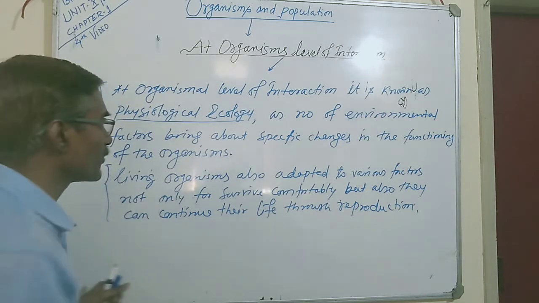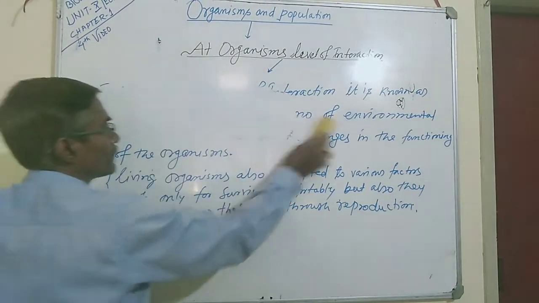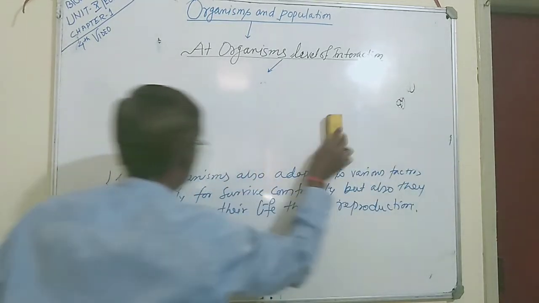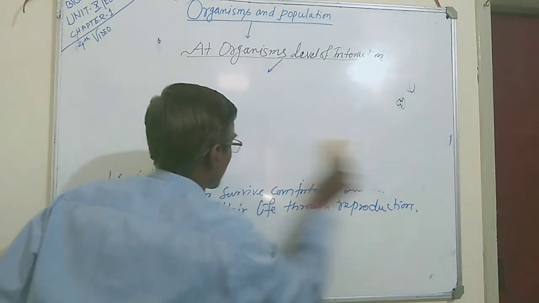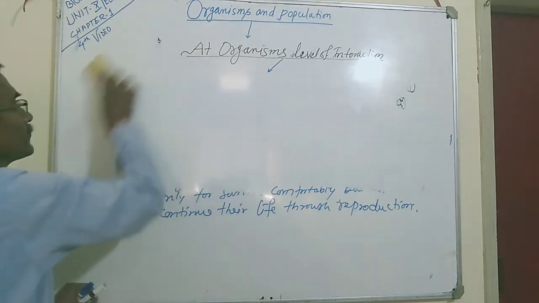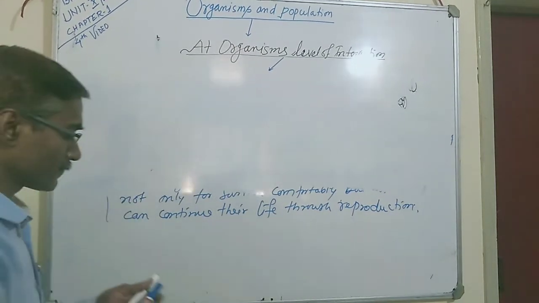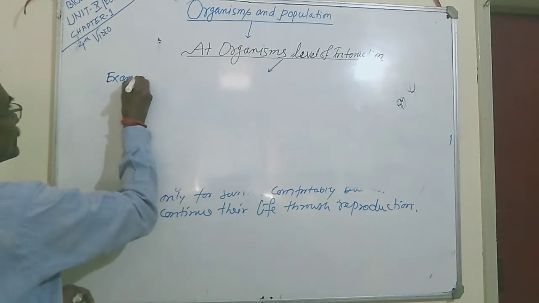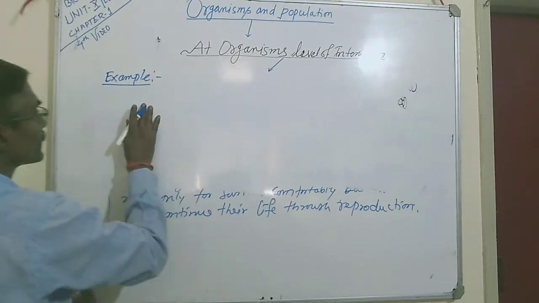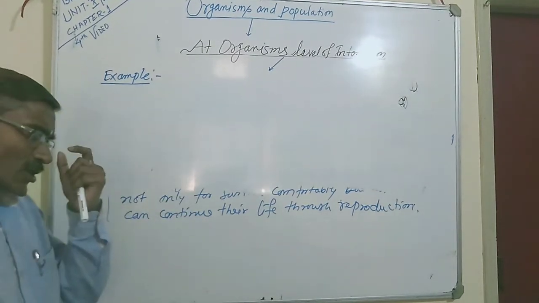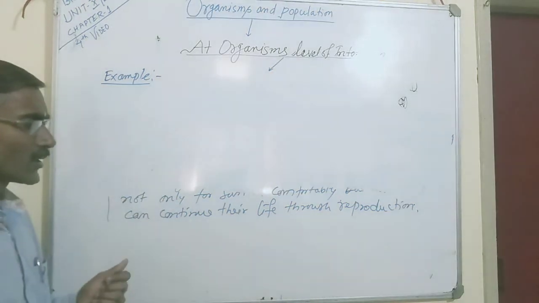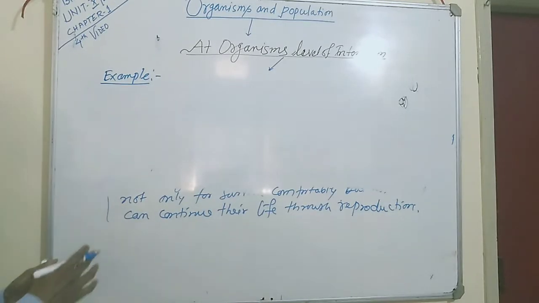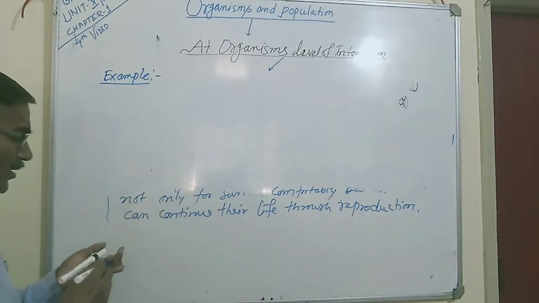What is the popular example for this? You know, the situation of the earth continuously changes seasonally, and at particular periods of time the position of the earth is changeable.